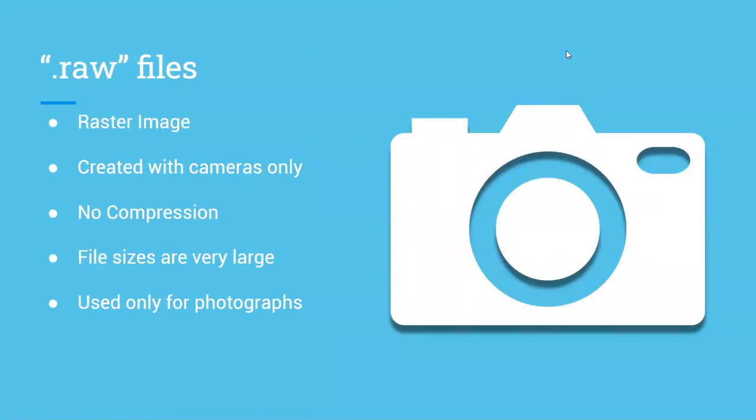Next, we have a more unusual format, known as RAW. RAW files are unique in the fact that they are uncompressed data captured via a camera specifically. Until this raw data is compressed into a viewable file format, these files can be viewed on a camera's display as a JPEG preview.